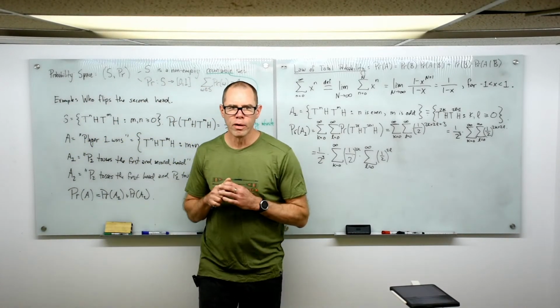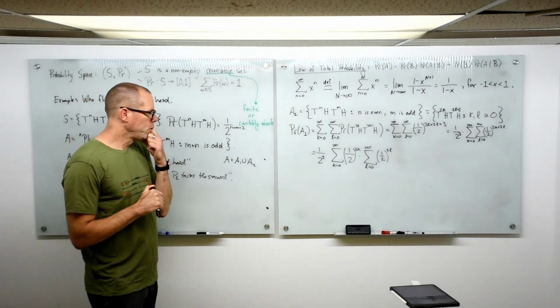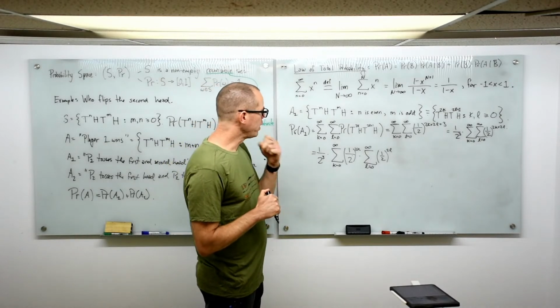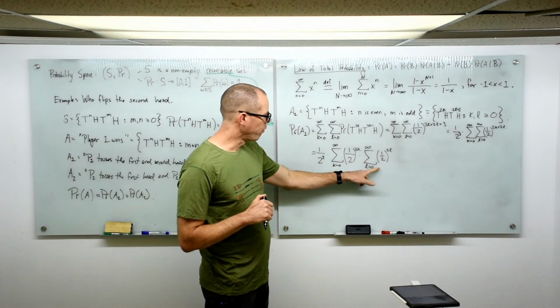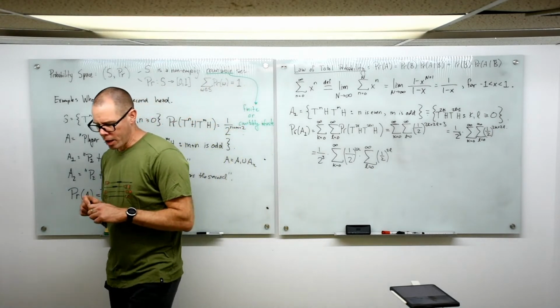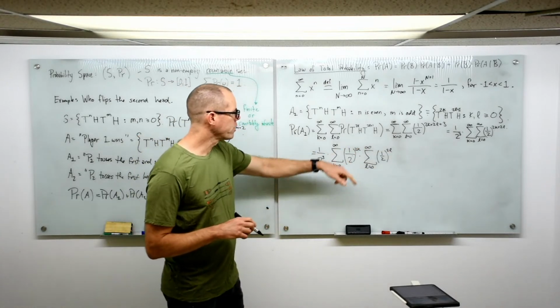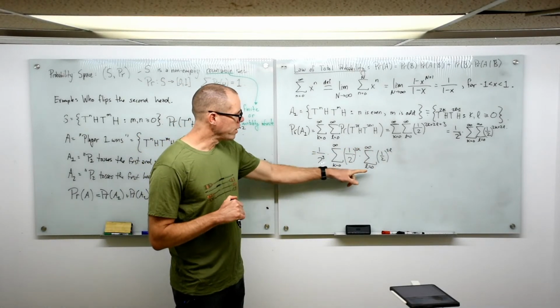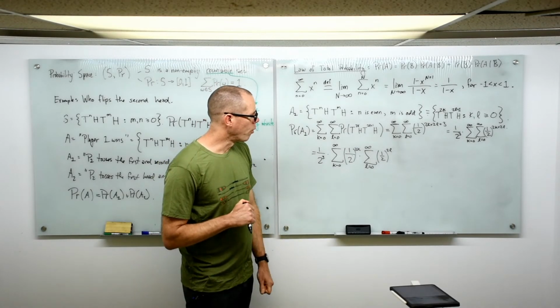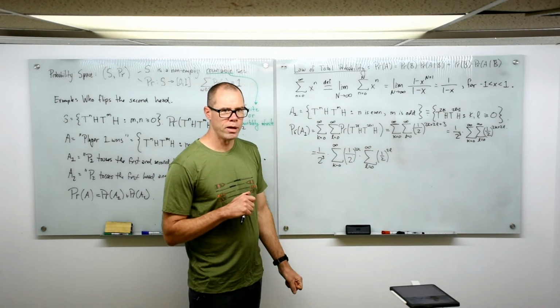Now, if you have a photographic memory and excellent recall, you might realize we have seen this one before. So this innermost sum here, this is the sum of 1/2 to the 2l, l going from 0 to infinity. We saw that that is actually the sum of 1/4 to the l, where l goes from 0 to infinity.